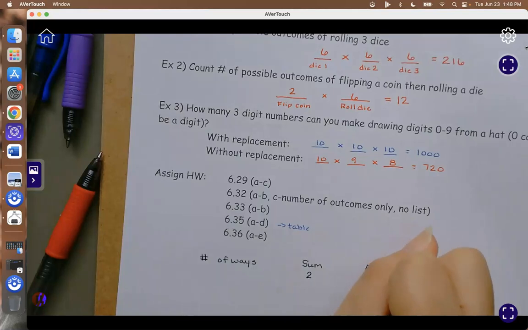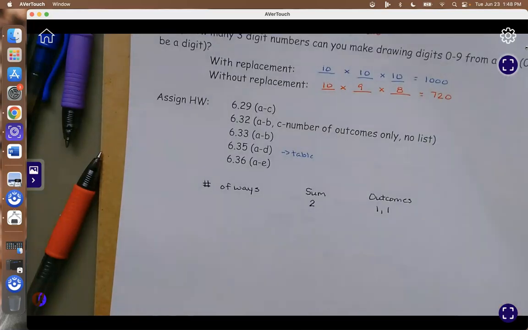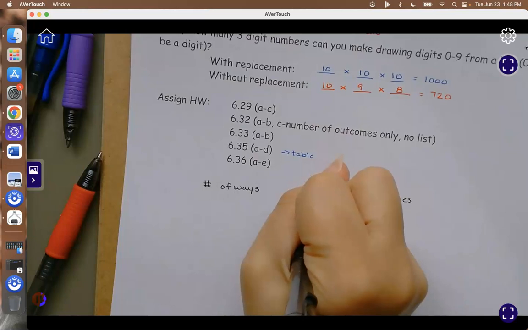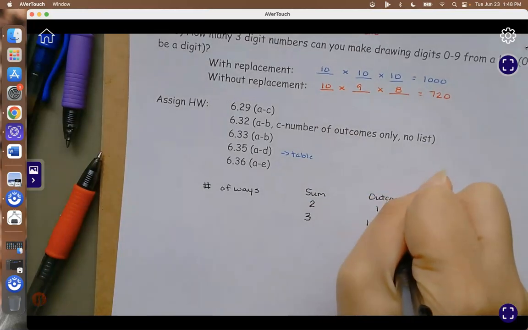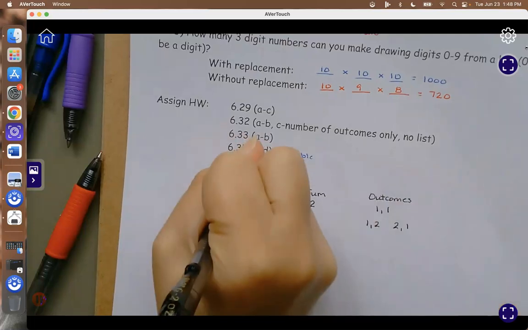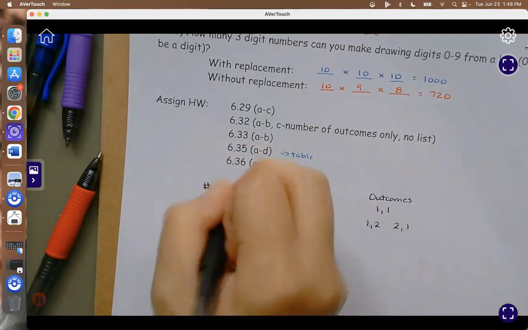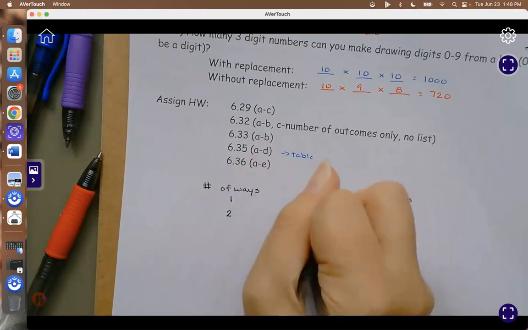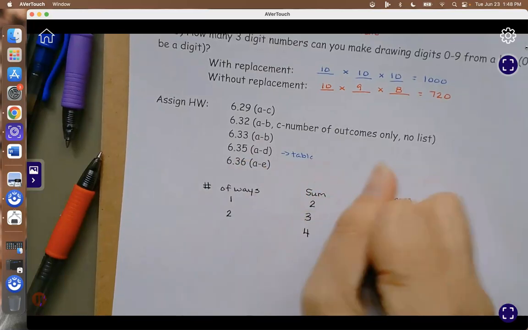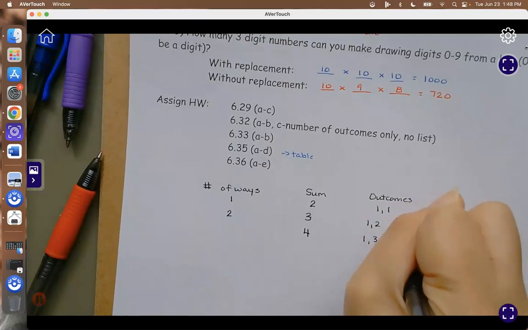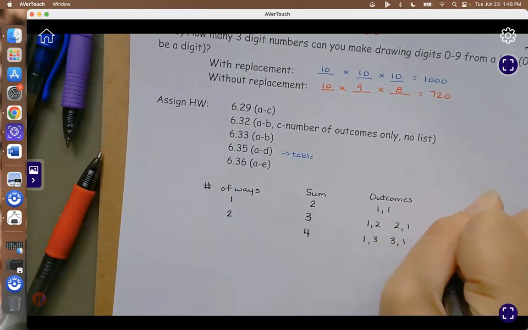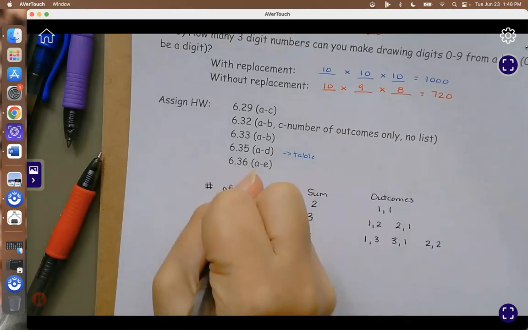And the only way I can get that is a 1 and a 1. A sum of 3, I could get a 1 and a 2, and a 2 and a 1. So here there's only one way, here there's 2. A sum of 4, I could get a 1 and a 3, a 3 and a 1, and a 2 and a 2. So that's 3 ways.